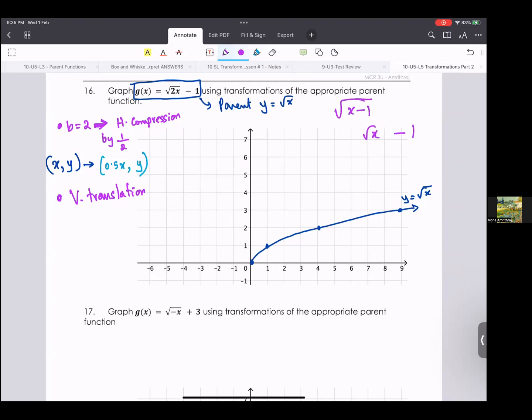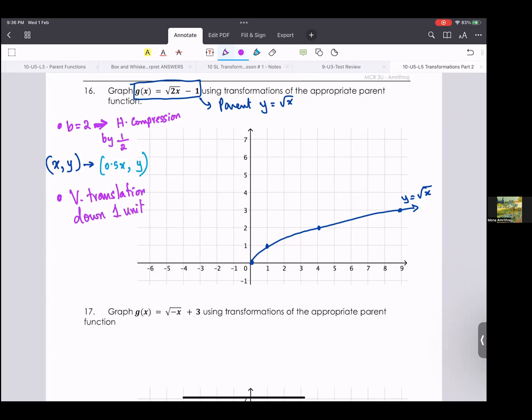You have to recognize the difference between the operation happening on the x and the operation happening on the entire parent function. In this case, it's happening outside the x value, so it is a vertical transformation. So vertical translation, and because it's -1, it goes down. Vertical translation, down 1 unit.